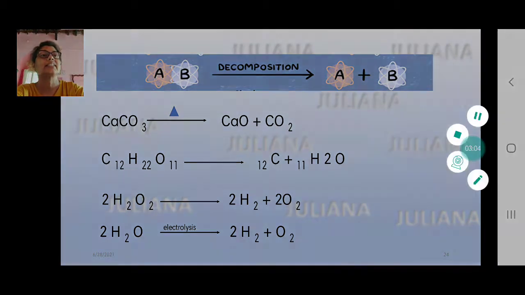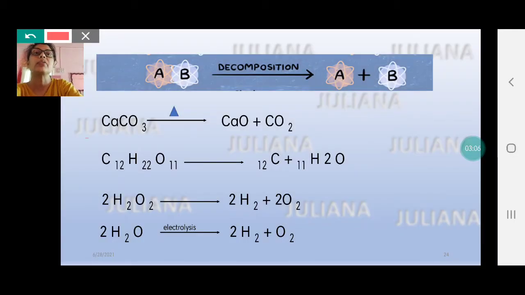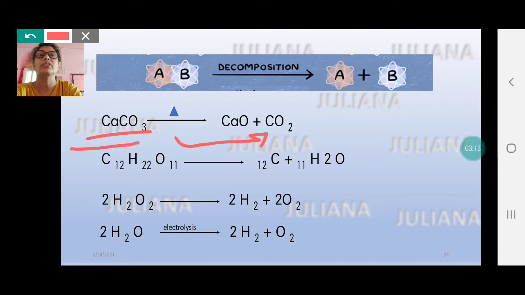Opposite to that, as I mentioned earlier, in decomposition, one reactant breaks down to give you two or more products. So calcium carbonate gives you calcium oxide and carbon dioxide. Sugar C12H22O11, a complex sugar, on heating gives you 12 carbons and 11 water molecules.